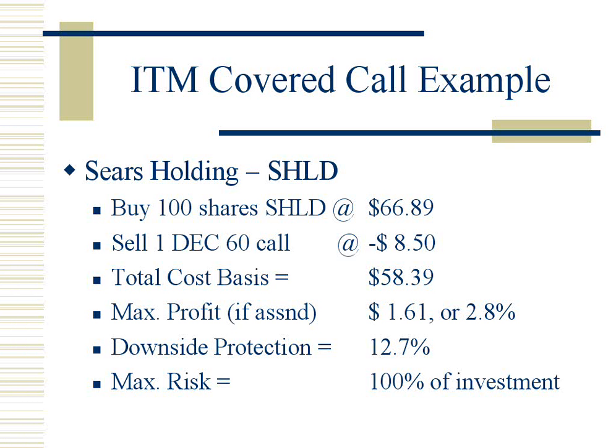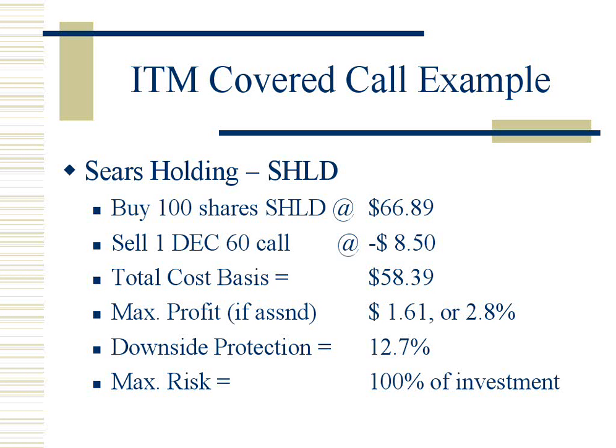We bought stock at $66.89. We're entering into an agreement to sell our shares of stock at $60 at December expiration, unless we choose to manage it, but that's our obligation. We're going to collect $8.50 for that right. So this makes the total cost basis of our position $58.39: $66.89 minus $8.50. We've got $58.39 essentially totally invested into this position.